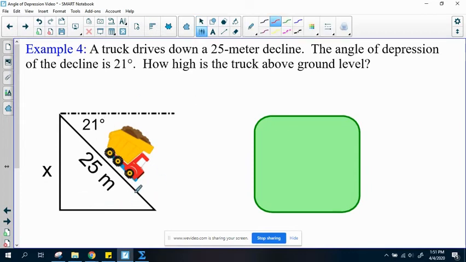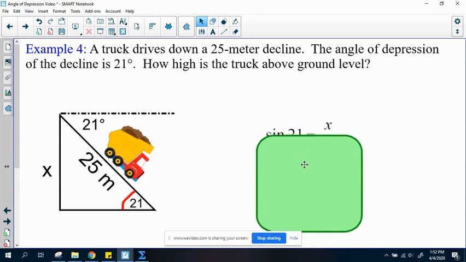So again, this is going to be our angle down here. We're going to put it into the triangle. We know that this is 21, alternate interior angles. So let's assess which one we should use, sine, cosine, or tangent. If here's our angle, then we want to figure out the opposite, and we have the hypotenuse. So we're going to, again, use sine.